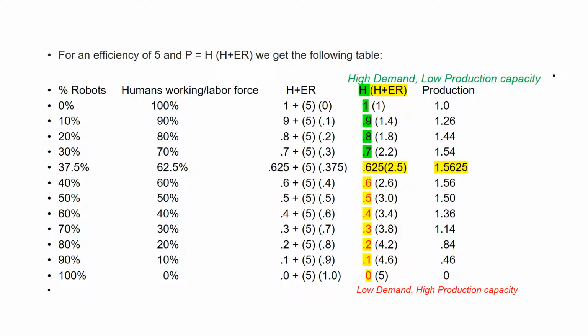The production capacity associated with these numbers grows from 2.5 to 5 because more of the work is being done by machines. The effect of low demand overwhelms the high production capacity. Ultimately, production sinks to 0.84, 0.46, and finally 0. The low demand, high production capacity section is a buyer's market because we have too few dollars chasing too many goods.